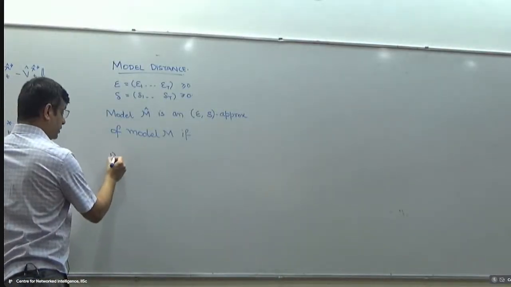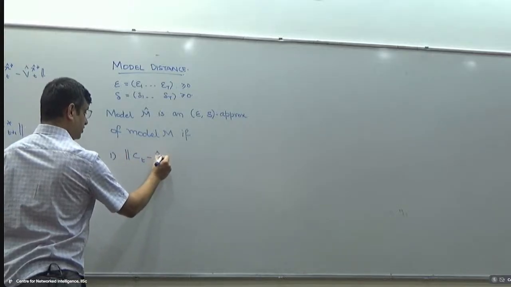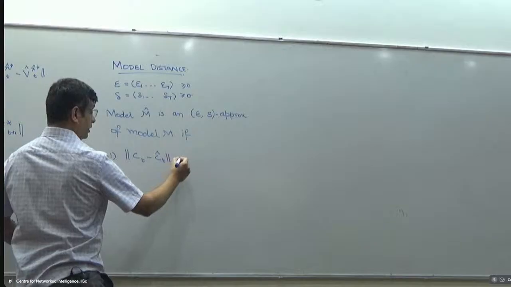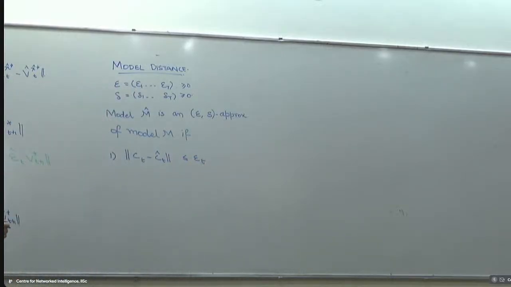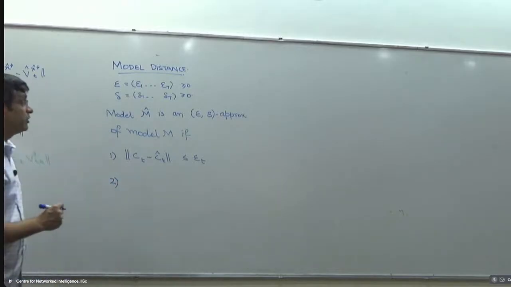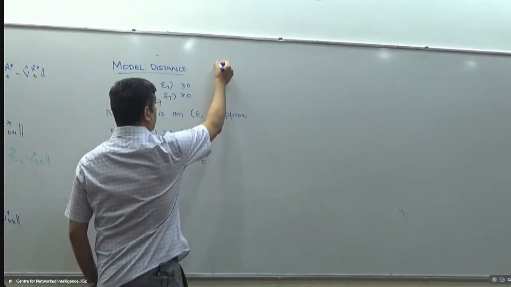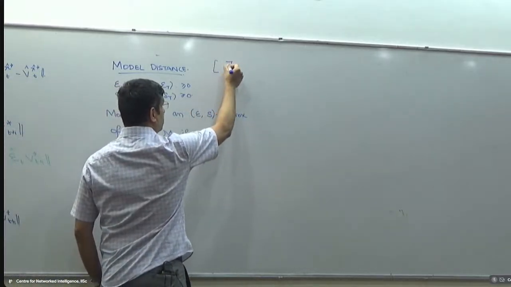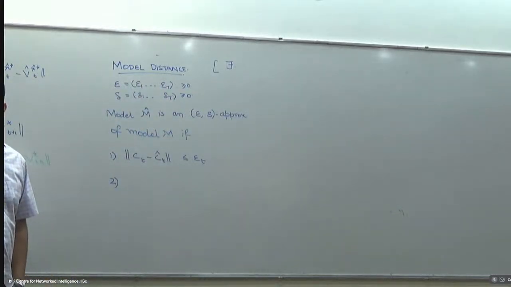One, the sup norm difference between Ct and C hat t is less than or equal to epsilon t. And second, I am going to go back to IPMs. I'll assume I am given some function class F, and I am going to define my IPMs with respect to that function class.